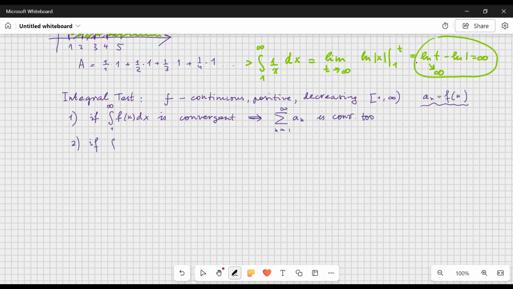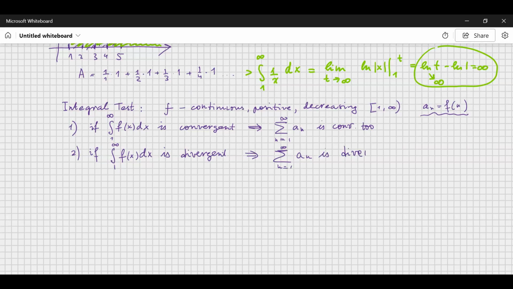If the integral from 1 to infinity of f of x dx is divergent, then the series of a_n from 1 to infinity is divergent too. So it's a kind of strange theorem, which works only in one direction.